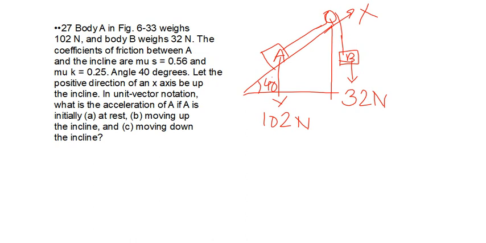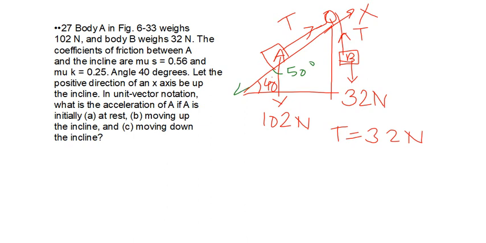When this is at rest, the tension T acting on this is like this. So when it is at rest, tension T is equal to 32 Newton. This is from the free body diagram of block B. Now let's resolve forces for block A. So this angle is given as 50 degree.